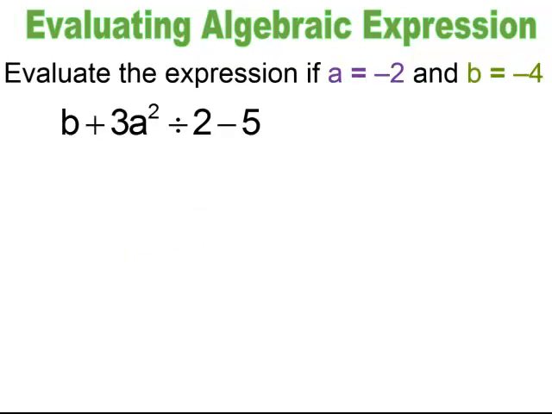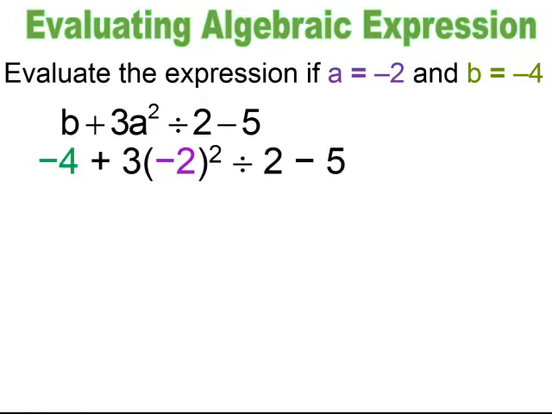Pause and try. So this is a multi-step evaluation. I'm substituting in the negative 2 for A and the negative 4 for B. Make sure you put parentheses around that negative 2 with that square. Now I'm going to do order of operations, which means I have to do that exponent first. Negative 2 squared is a positive 4.